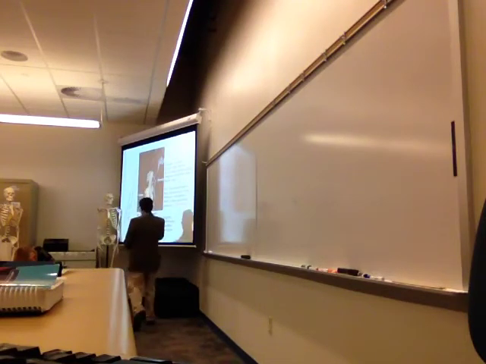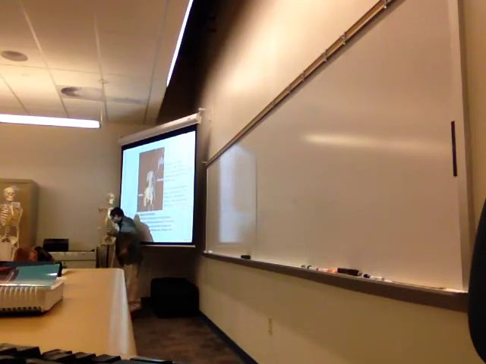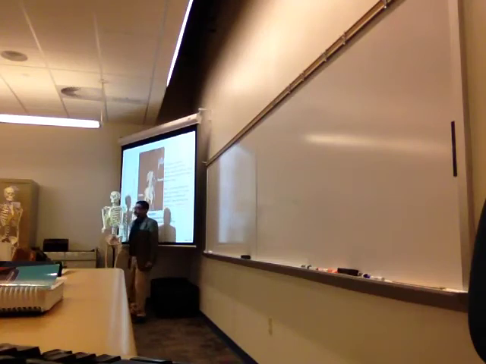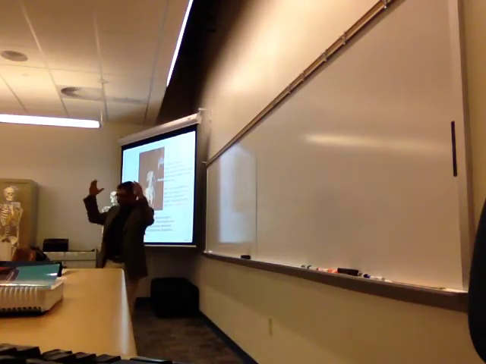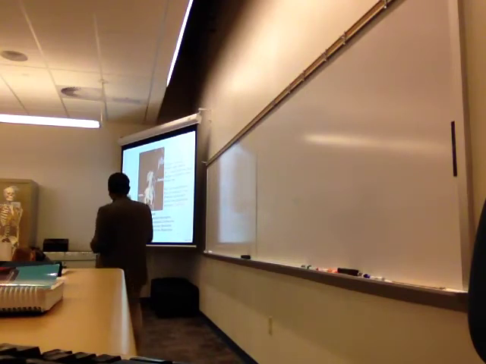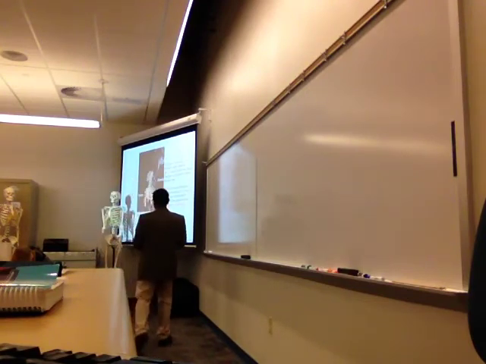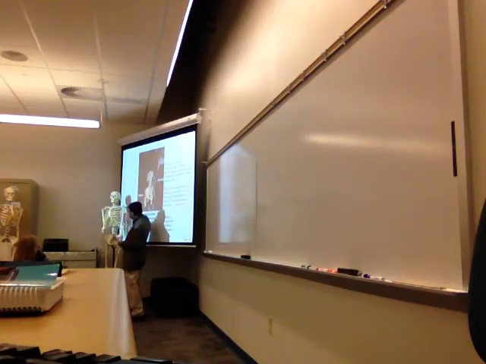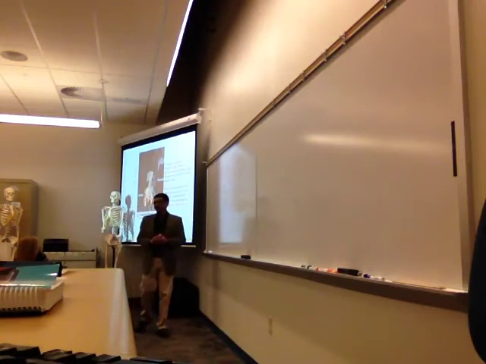Now this is the skeletal system here, and the skeletal system is the skeleton. It is nothing but the skeleton. And we know that skeleton consists of bones, and bones join to each other at the joints. Okay? Now, important functions of skeletal system.